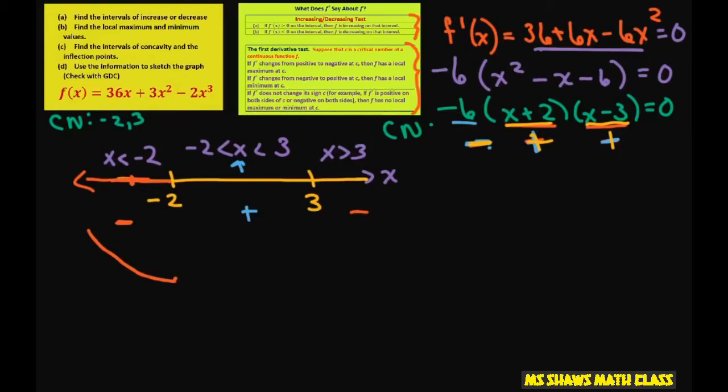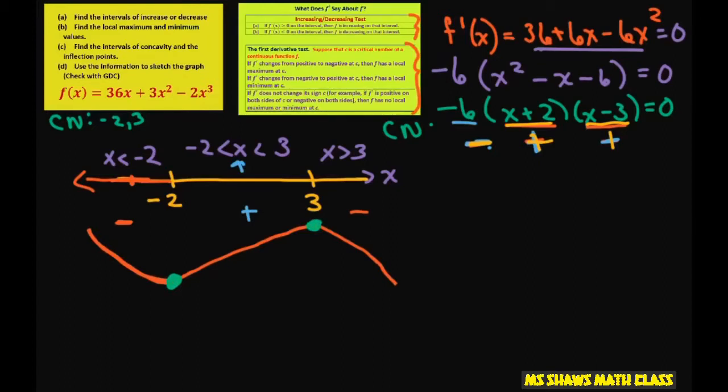So that's the decreasing interval. And from negative 2 to 3, it's increasing. And then after 3, it's decreasing, and it keeps on. So you can see clearly we have a minimum here and a max here.